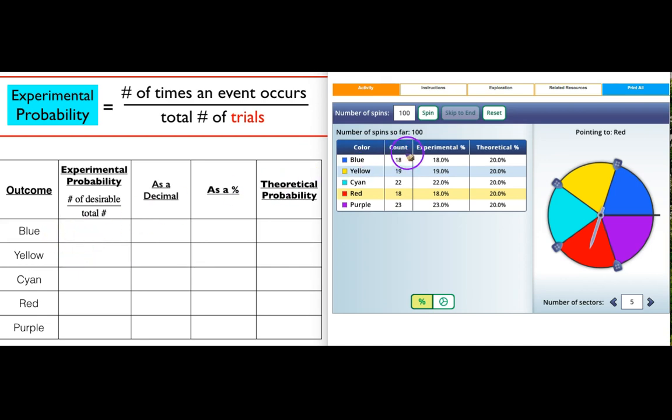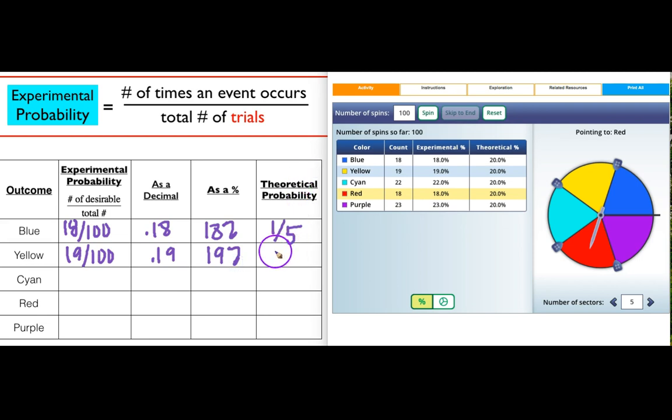For the color blue, it occurred 18 out of 100 spins, which is 18/100, which is 18%. But theoretically speaking, we expected it to occur 1 out of the 5 different outcomes. What about yellow? Yellow occurred 19 out of 100 spins, which is 19/100, which is 19%.